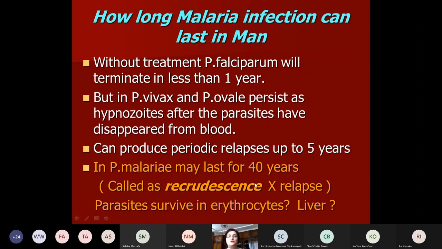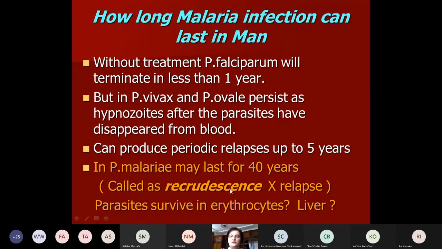It was a very interesting case, called recrudescence or late relapse. Still, we don't know how this is possible. It's strange. Parasites surviving in erythrocytes or in liver cells, nobody knows.